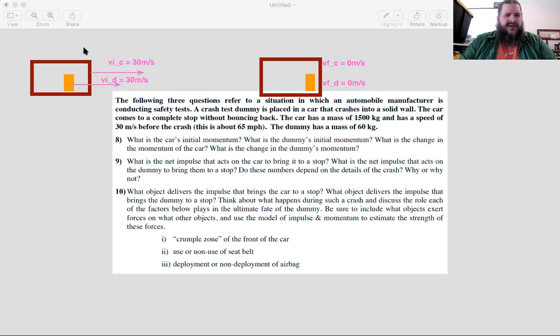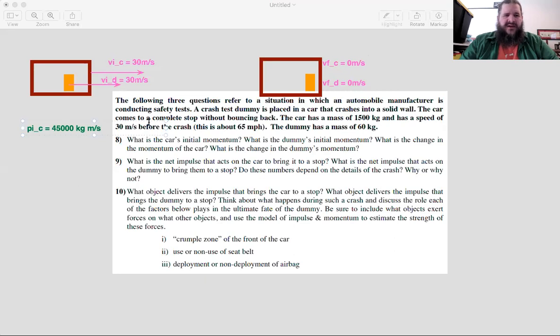In fact, let's start by looking at the values of momentum for each of these. If we take a look at the actual momentum of each one of these, what is the initial momentum of the car? Or how would we calculate that? Yeah, we just multiply the mass, which for the car is 1,500 kilograms, times the velocity, 30 meters per second. 3 times 15 would be 45, 3 more zeros, so 45,000 kilogram meters per second would be the initial momentum of the car.